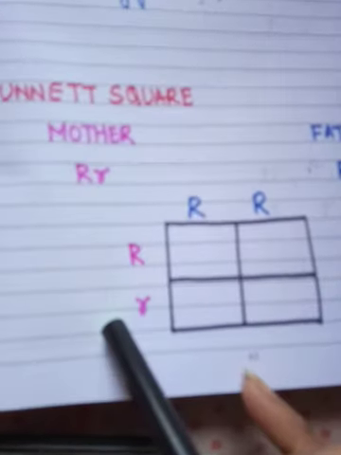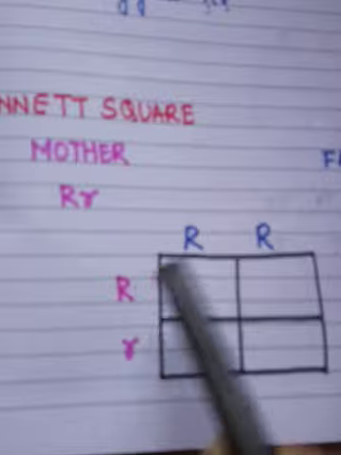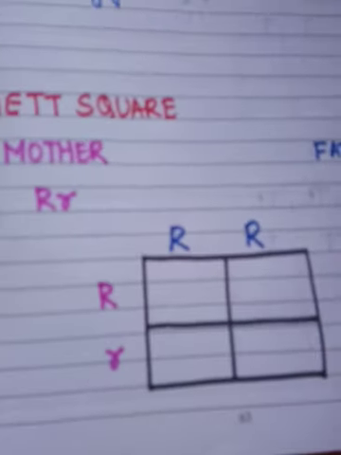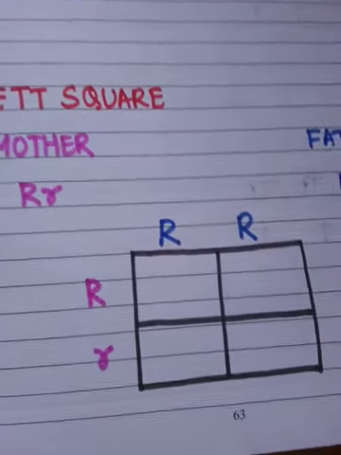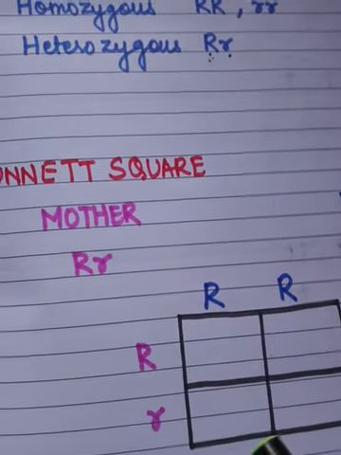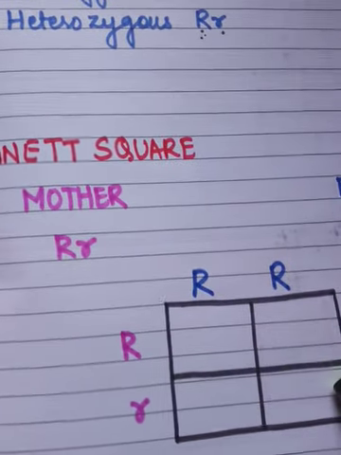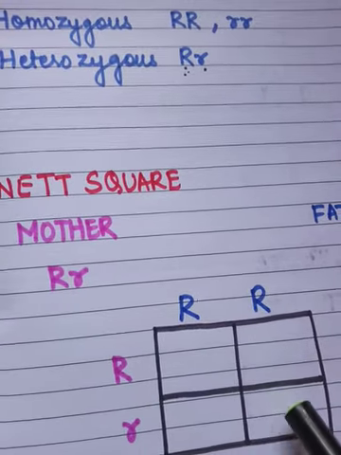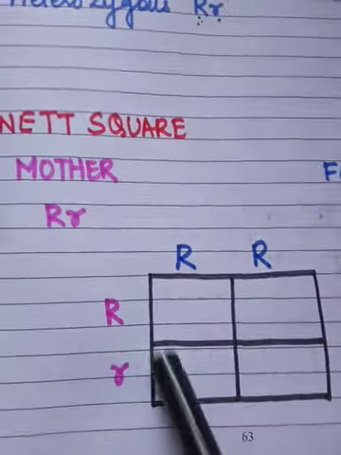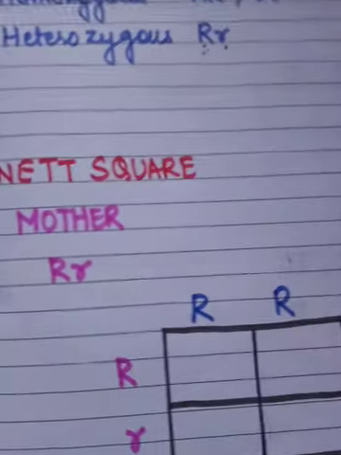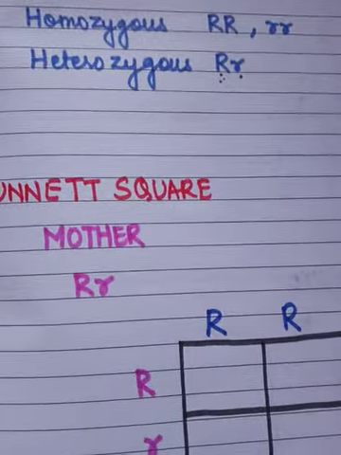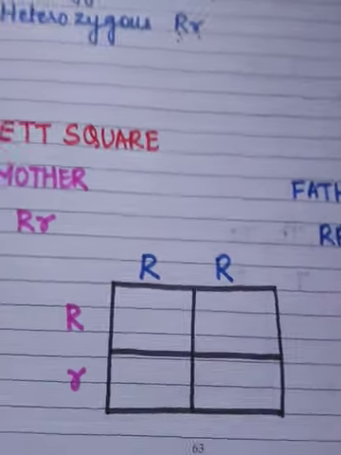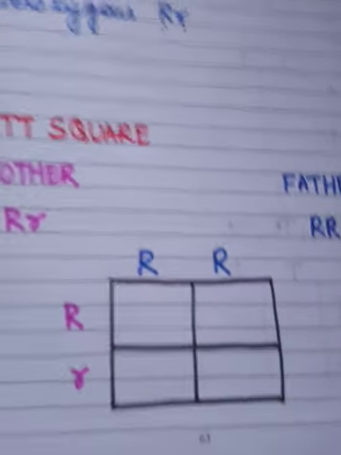On one side the female is given, on the other side the male is given. And then the possible combinations, the genotypes of the opposite gametes, are given in the subsquares. So we will write how the genotype comes, and the resulting phenotype can be written under the genotypes. Now let us see how it is done.